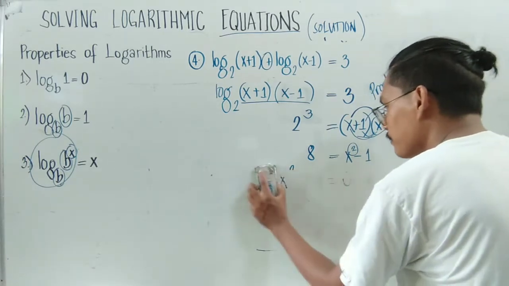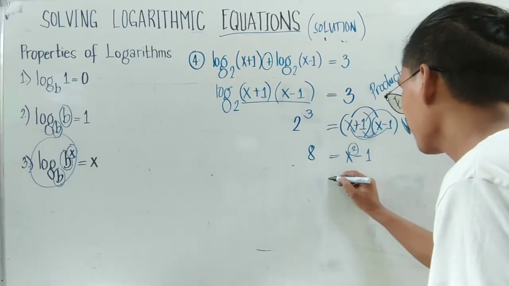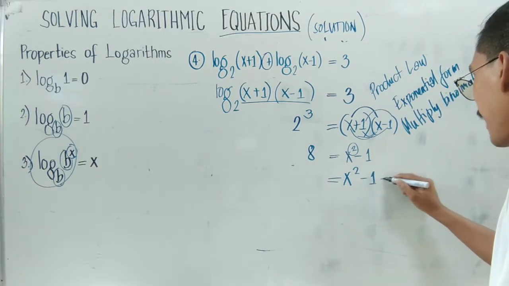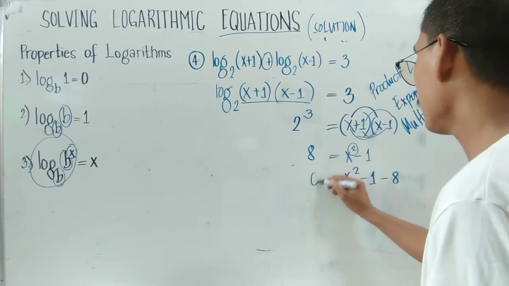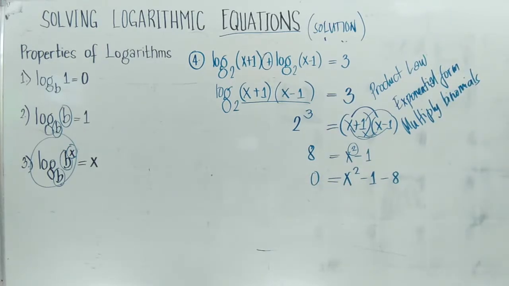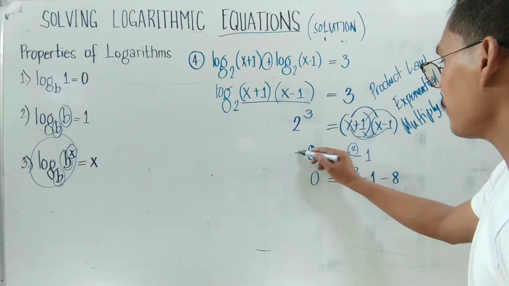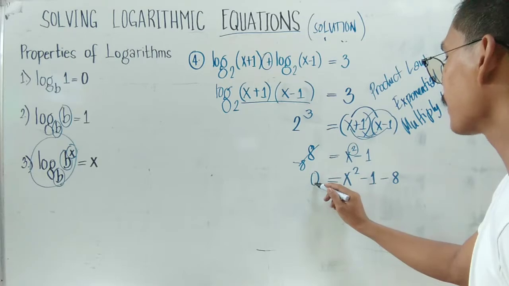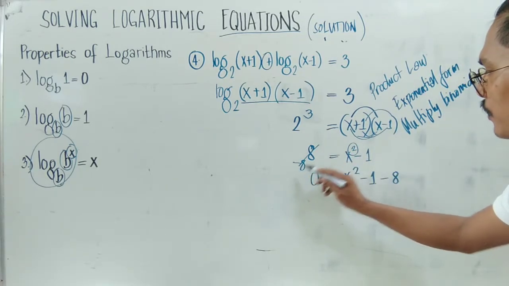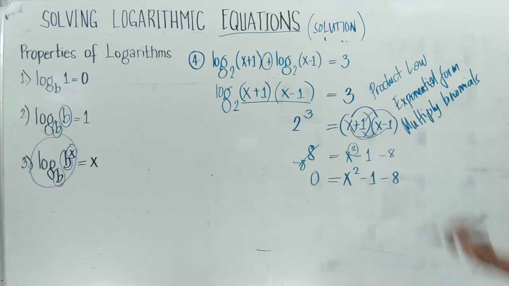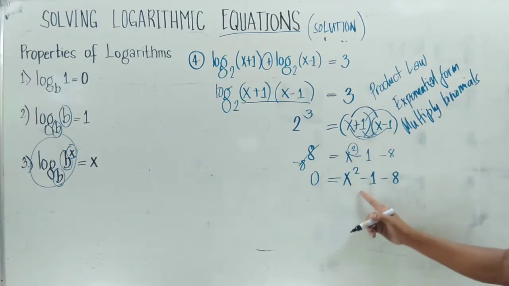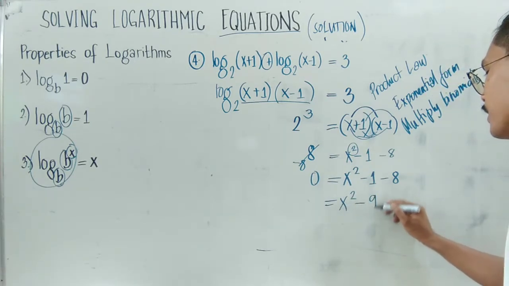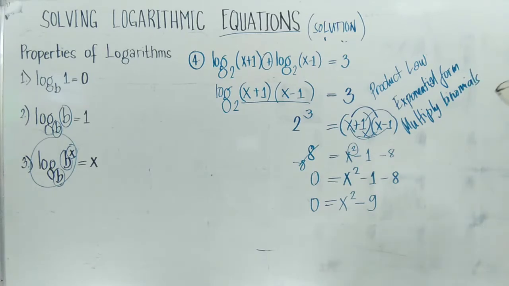To make it simpler, we will put it this way: x squared minus 1 minus 8 equals 0. Since we subtracted 8 on one side, we subtract 8 on the other side. To simplify, we have x squared minus 9 equal to 0.